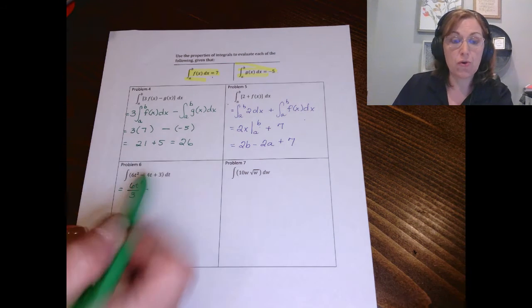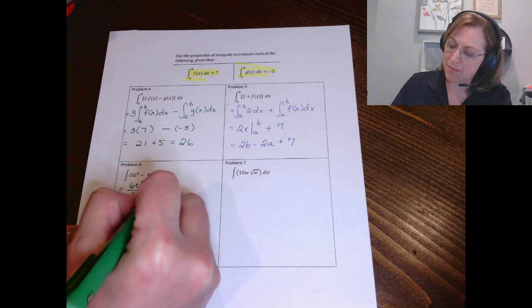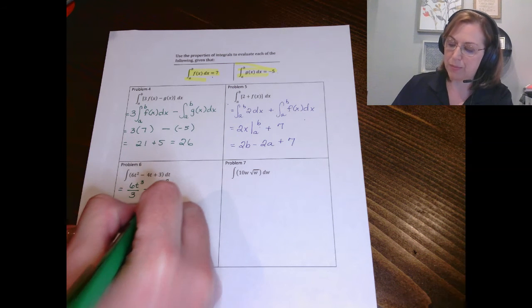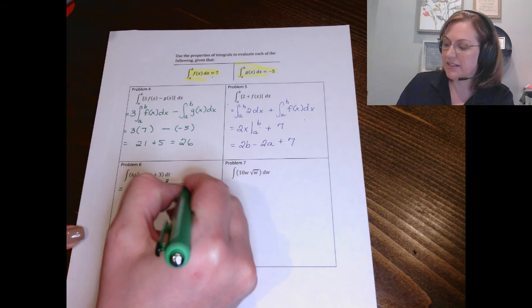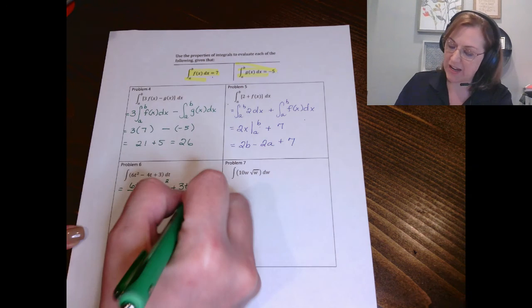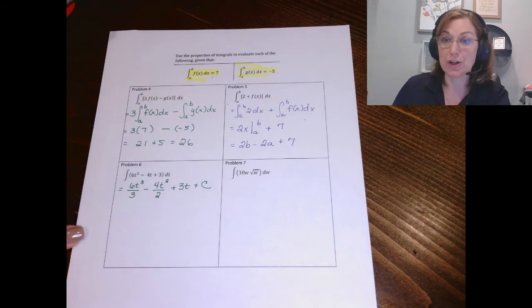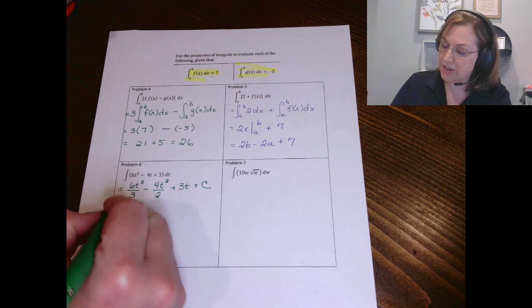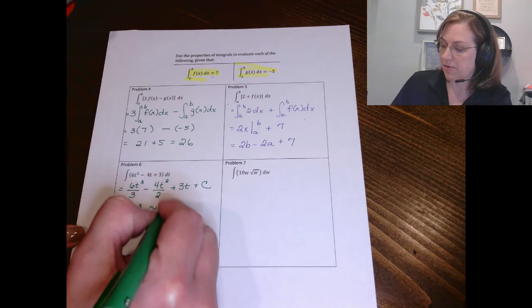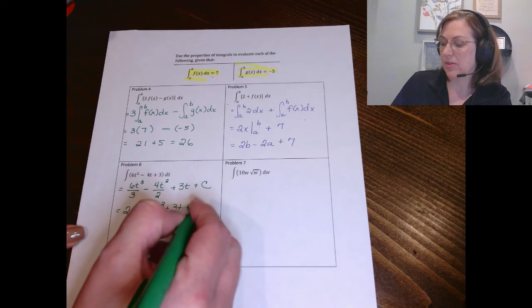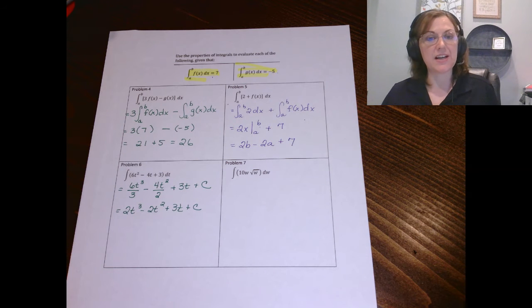Minus 4t, so we'll increase the power by 1, put it over the new power. Plus 3t, and don't forget plus c for your constant that could be there. Now, just simplify a little bit. And there you have your antiderivative.